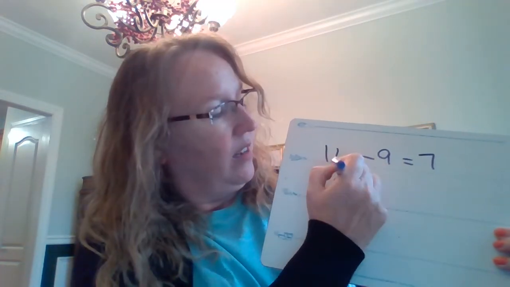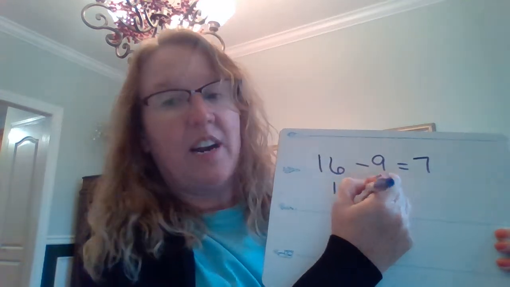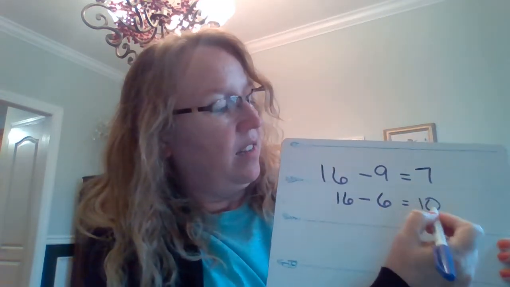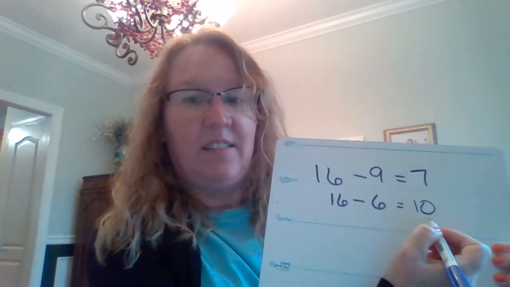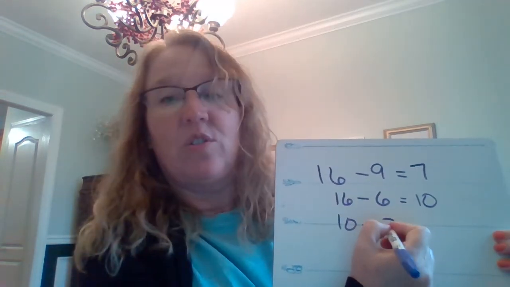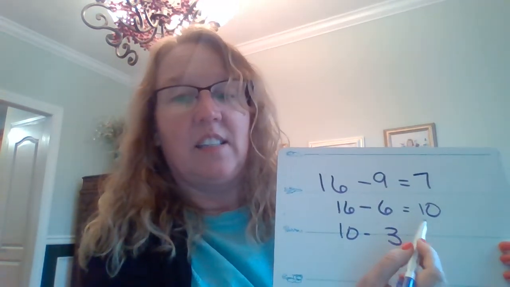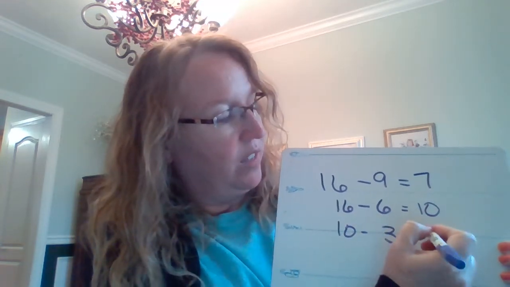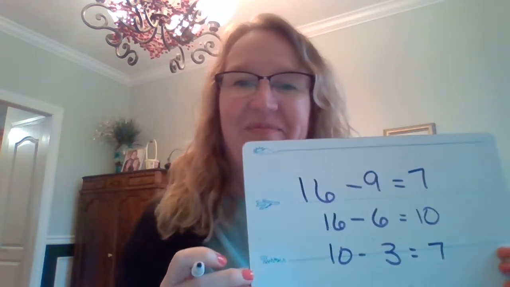And how we did that is we took 16 and we subtracted 6 first to give us our 10, because that's how we make a 10. And now we did our 10 and we took away those 3 more to get the 6 and 3 equaling 9, and that gives us 7.